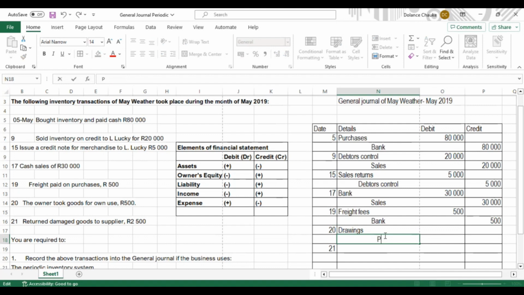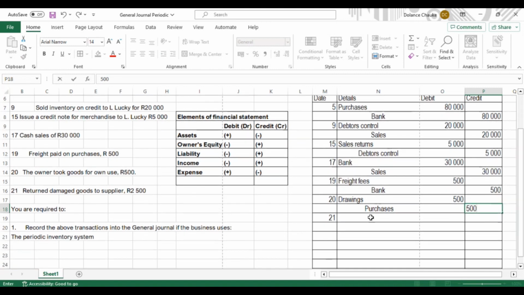And inventory, when we are using the periodic inventory system, is called purchases, okay? With how much there? 500, and then 500 there.